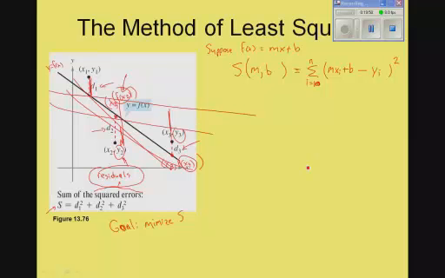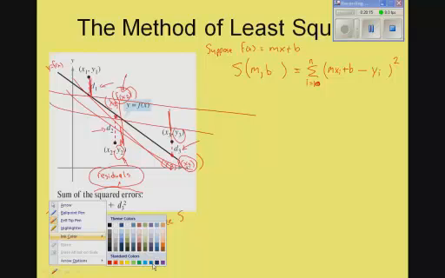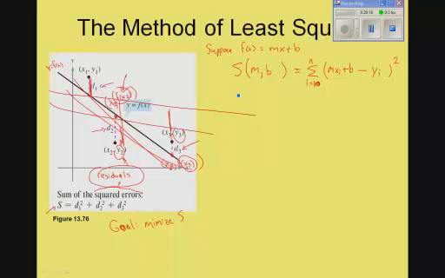Now, I realize that's an ugly equation, but you have to understand something. The only variables in that equation are m and b, because I have all the data points. You guys follow that? So now what do I do? Well, let's take the partial derivatives. Let's call it Sm of m, b.